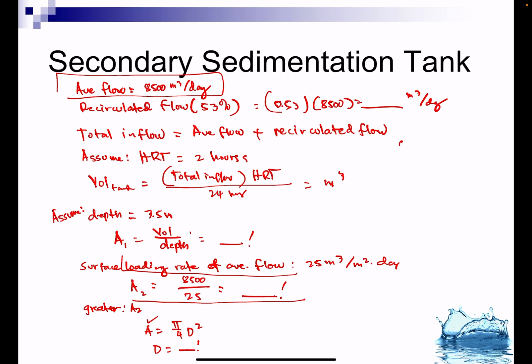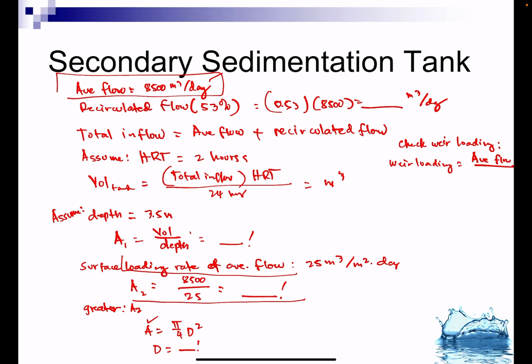So if I'm to check for the weir loading, it's basically the average flow divided by the diameter times pi.